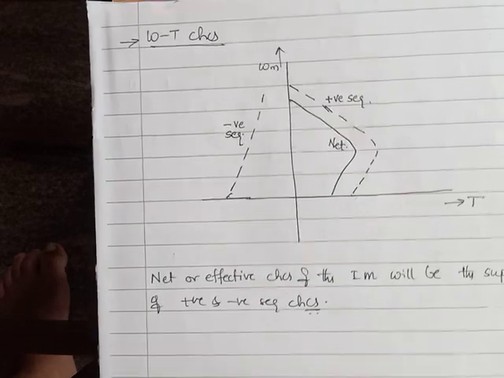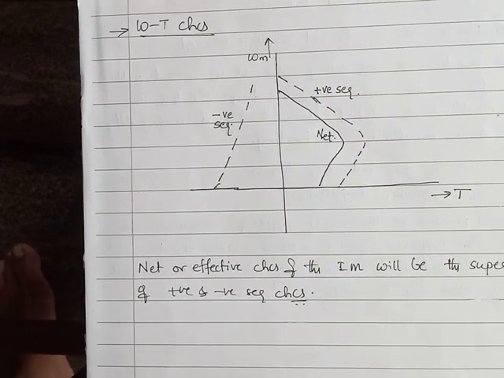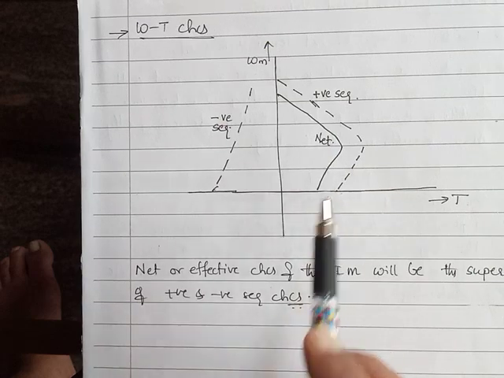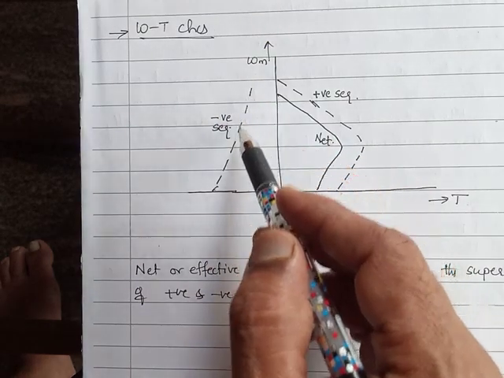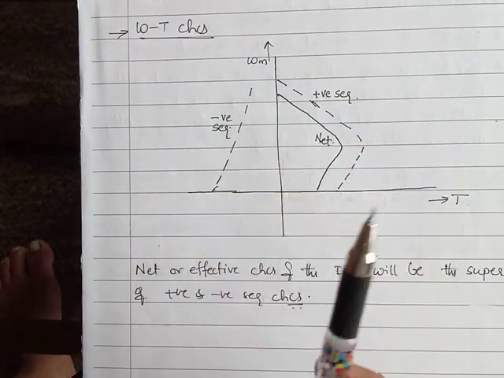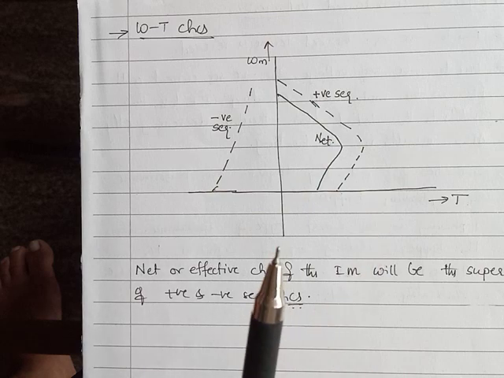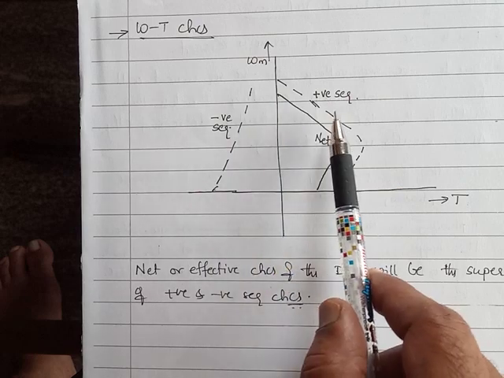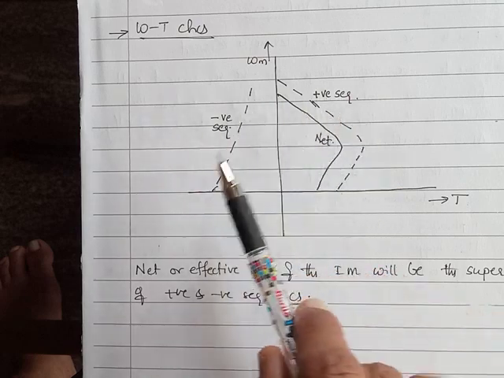Once we have that, if we plot it, then what do we find? This is what we are finding. The omega T characteristics for positive sequence will be this, for negative sequence it will be this, and the net performance of the motor is with positive as well as negative sequence both together.